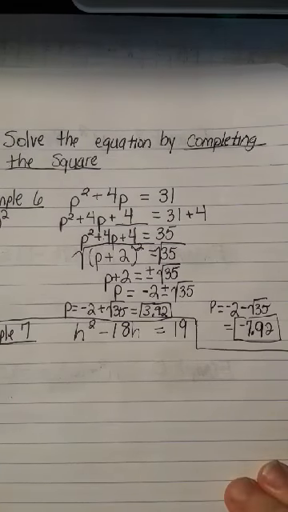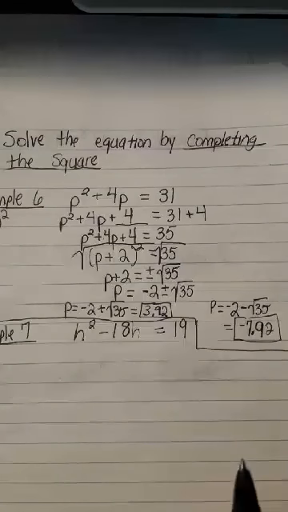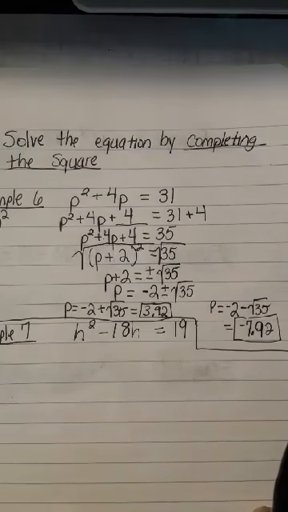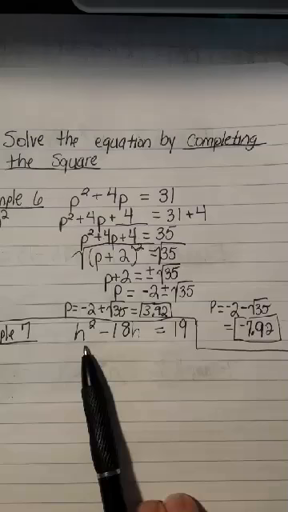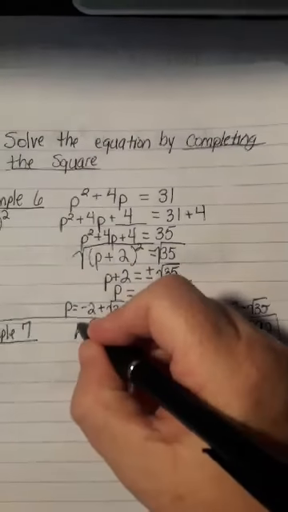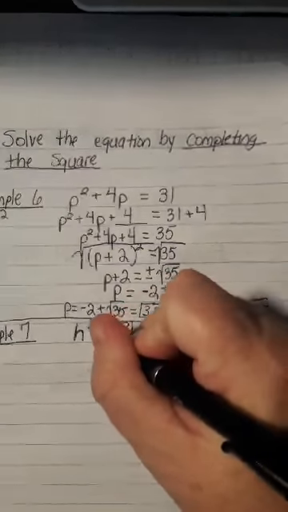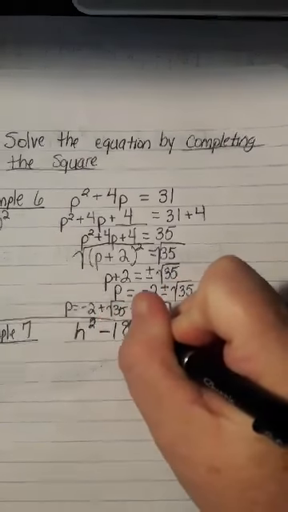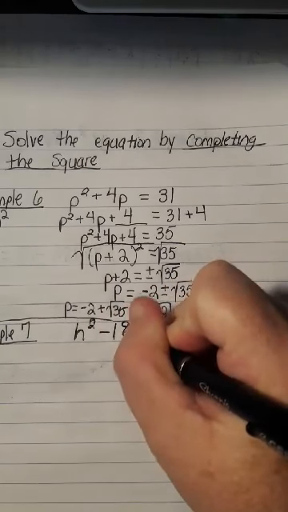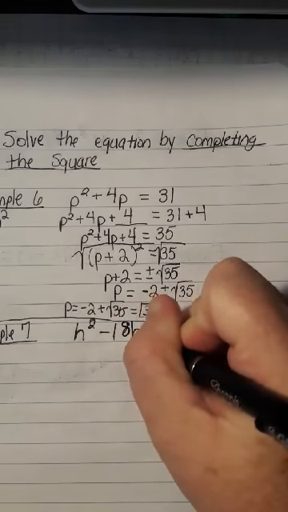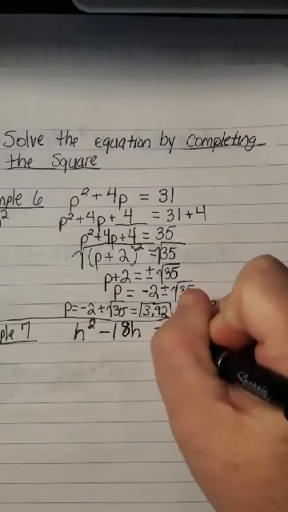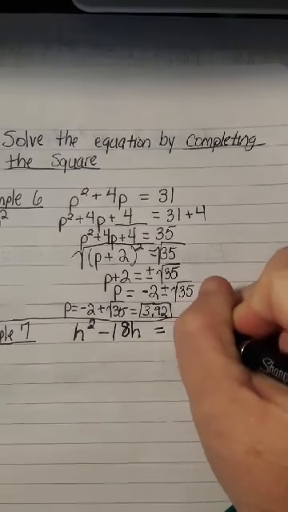All right, moving on to example 7. On example 7, we have h² minus 18h equals 19.